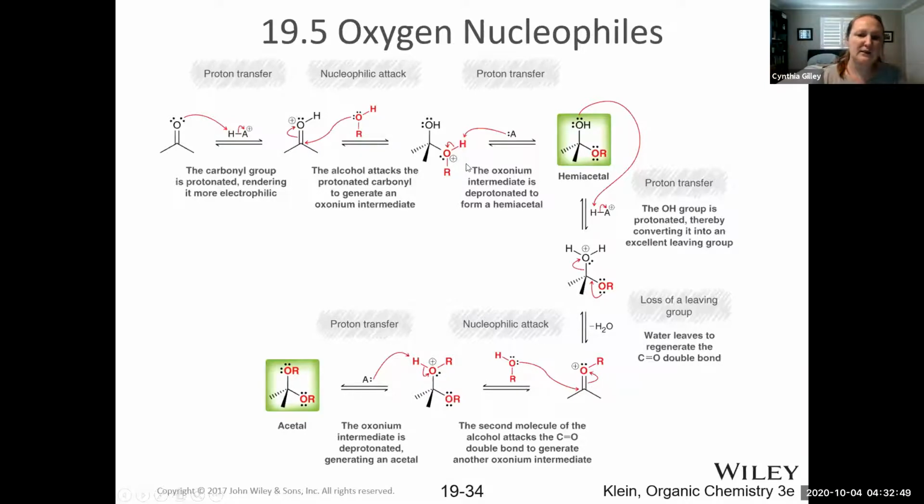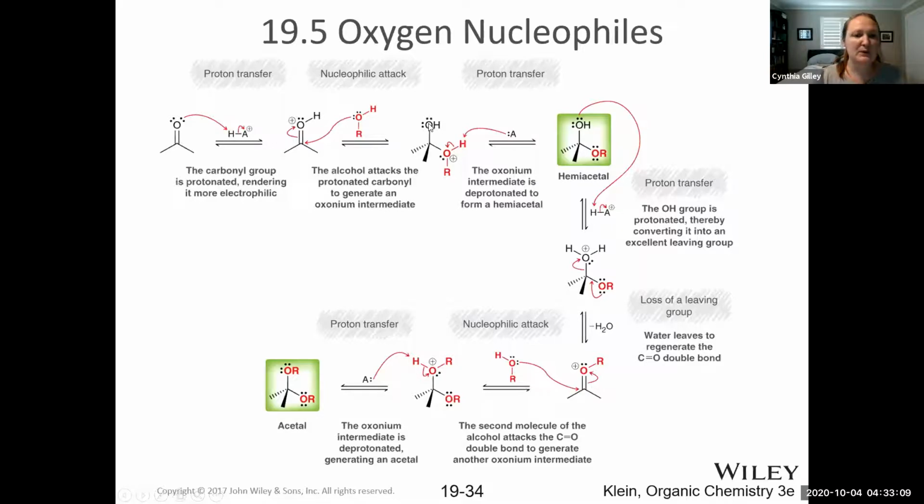So if we want to do anything else with this, the first thing we need to do is remove the proton to make this neutral. Because, for example, you might be thinking, I would really like to protonate this oxygen so that this will be a good leaving group, right? It will be water, which is a good leaving group if we protonate this.